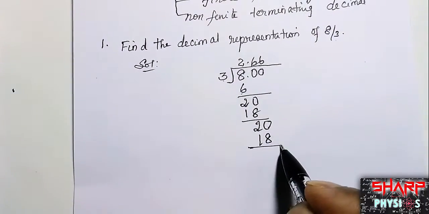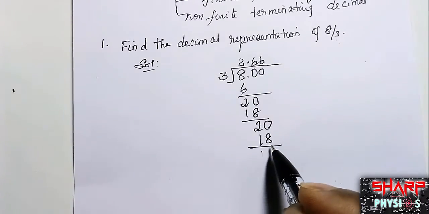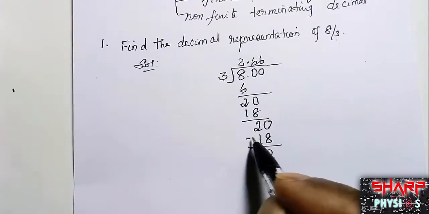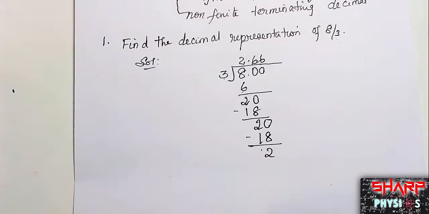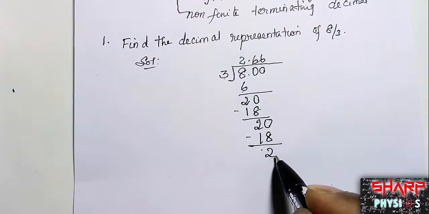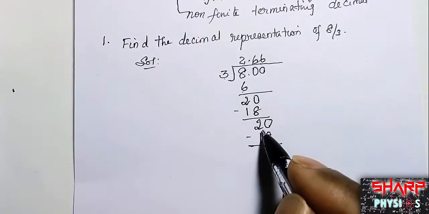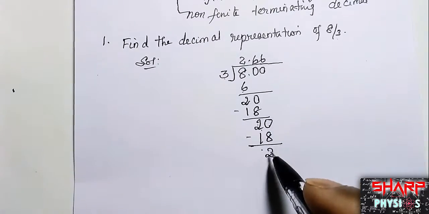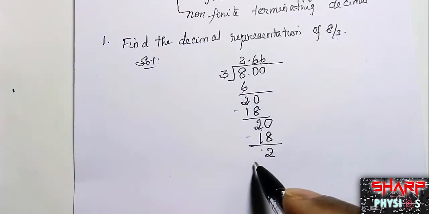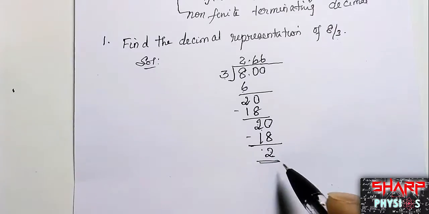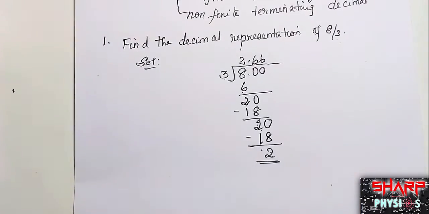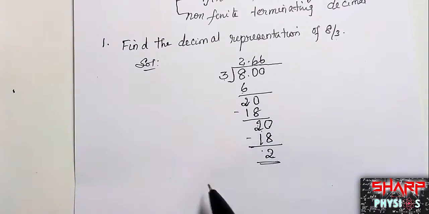You can see the balance is again 2 when you subtract. So 2 is coming again and again as a repetition, and this number will never terminate.